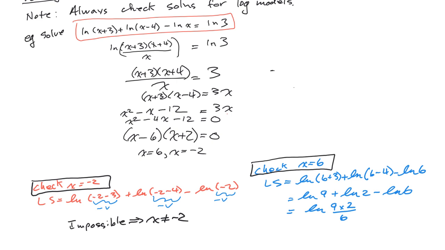So the 6 is here. The 2 and 9 come from here and here. And when you simplify, you end up with the ln of 3, which is equal to the right side. So therefore, x equals 6 is our solution. And we're done.